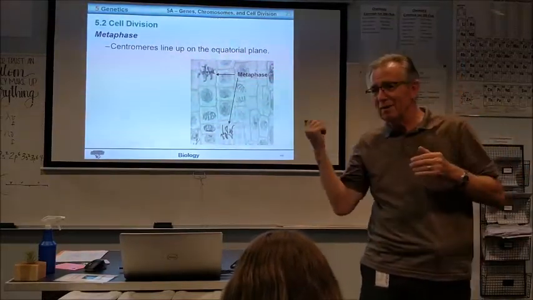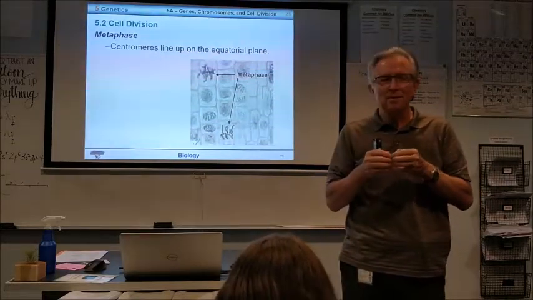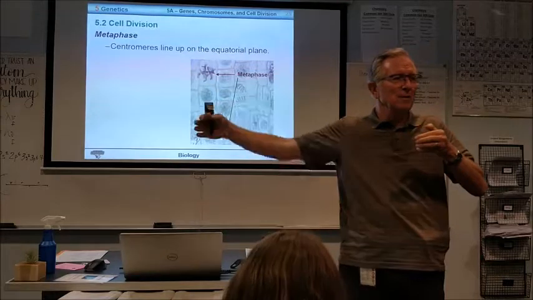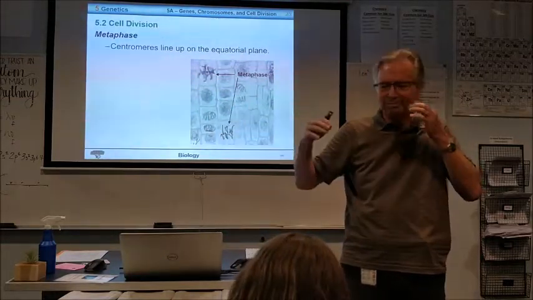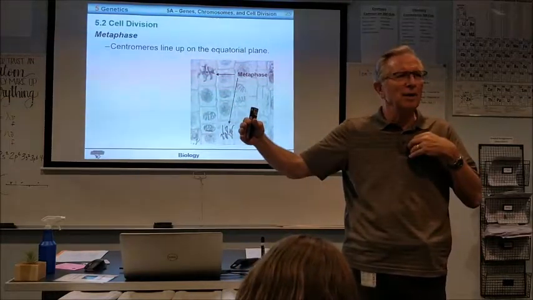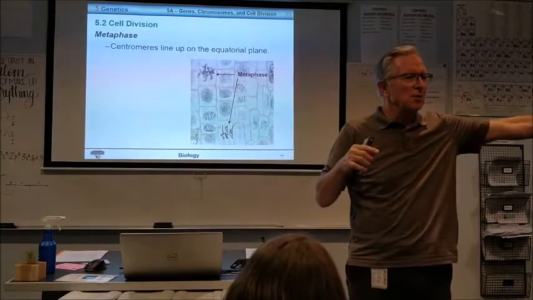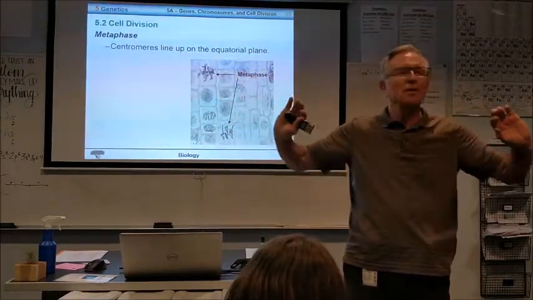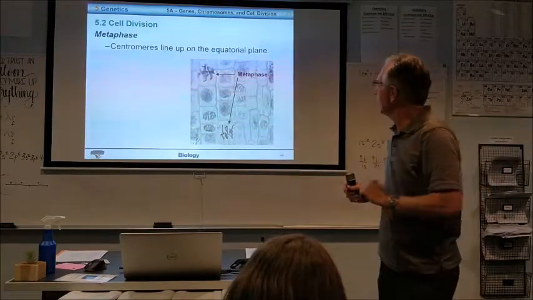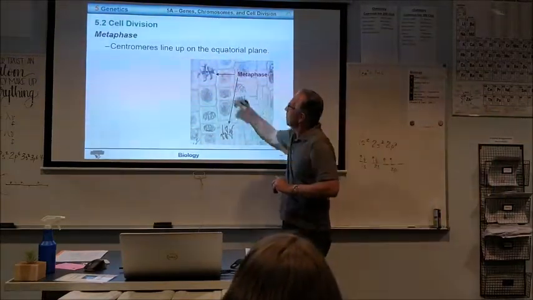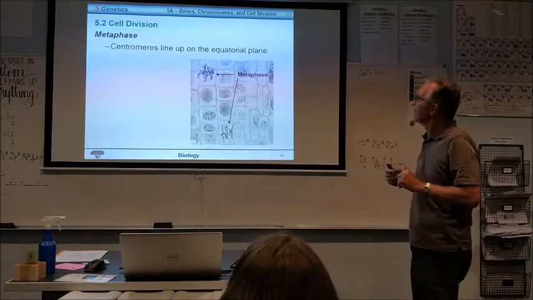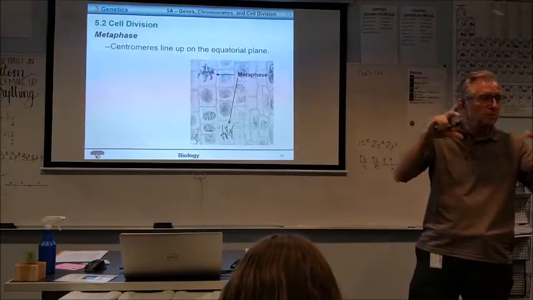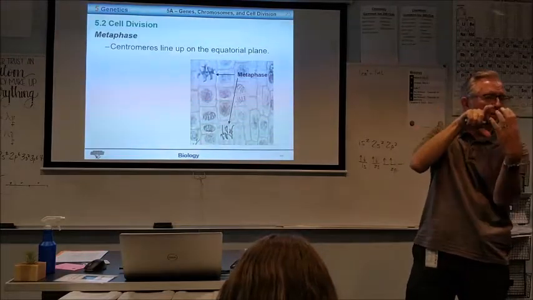Well, in mitotic division, they run back to their own goal line, they actually run away from each other. So they're lined up first in the very middle, with the centromeres holding the chromosomes attached to the spindle at the very center.